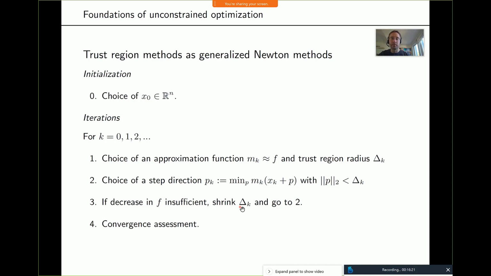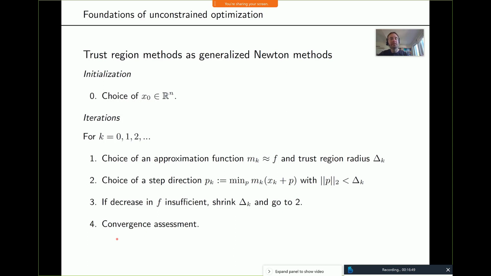So you can shrink your trust region at this iteration, go back to step 2, and choose another step direction. Then maybe at one point you find a sufficient decrease for f, and you assess the convergence. So that's the basic idea of a trust region method.